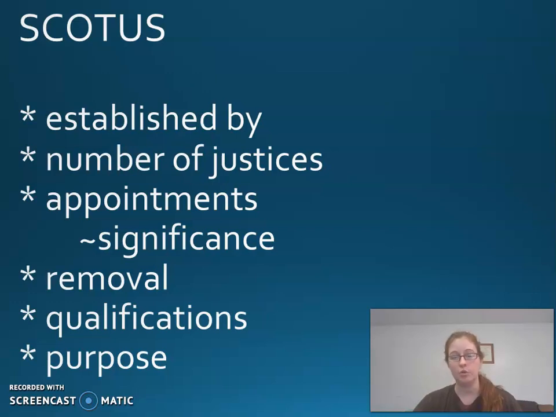And so when the Supreme Court sets a precedent, that means they have interpreted the Constitution to provide rights that were not prior to that time period enjoyed by United States citizens. So the purpose of the Supreme Court is to expand on those rights in the United States Constitution by interpreting it for modern times. And we'll talk more about that in another video.